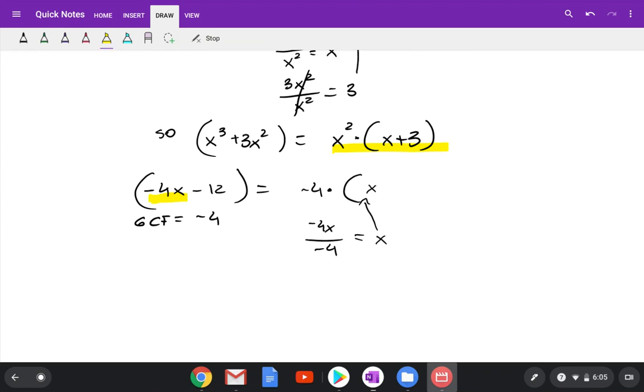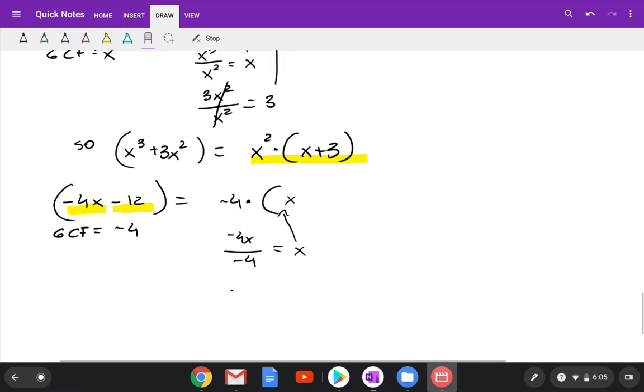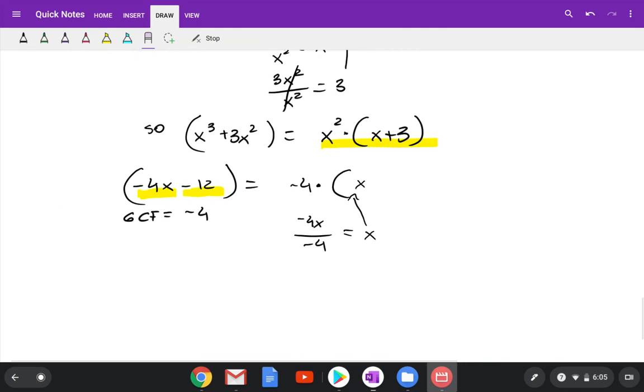And then take your second original expression, which is negative 12, divided by GCF, which is negative 4, that will give you positive 3.